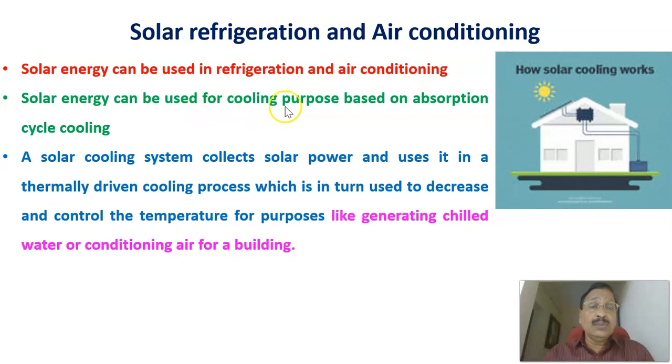Solar energy can be used for cooling based on the absorption cycle. Solar cooling systems collect solar power and use it in a thermally driven cooling process, which is in turn used to decrease and control the temperature for purposes like generating chilled water and conditioning the air in buildings.